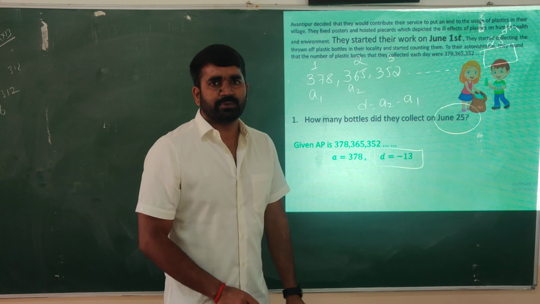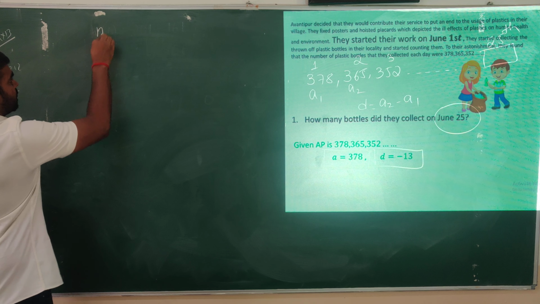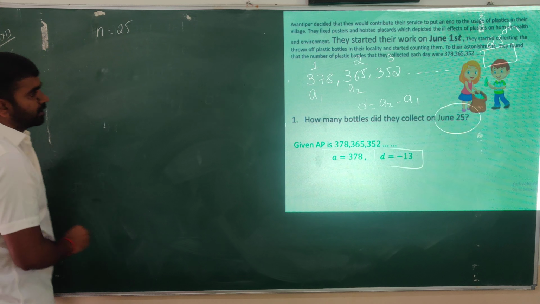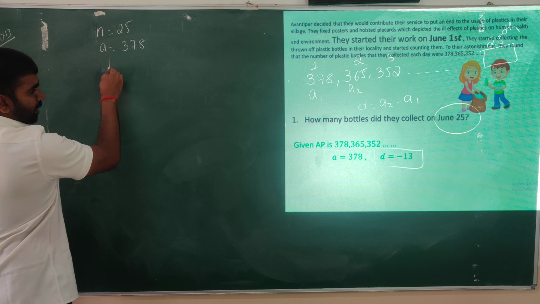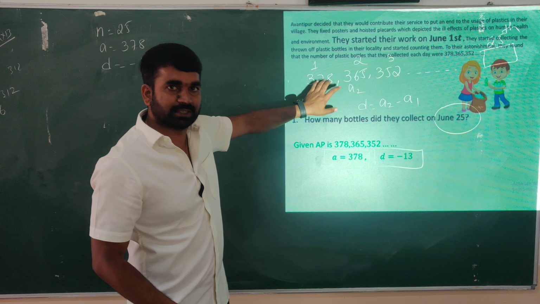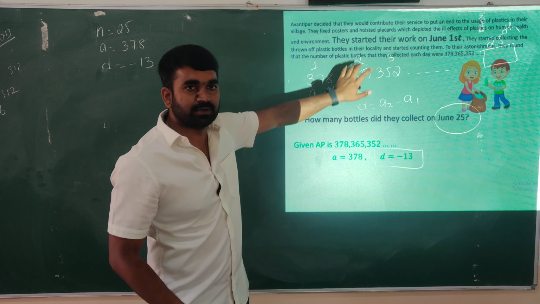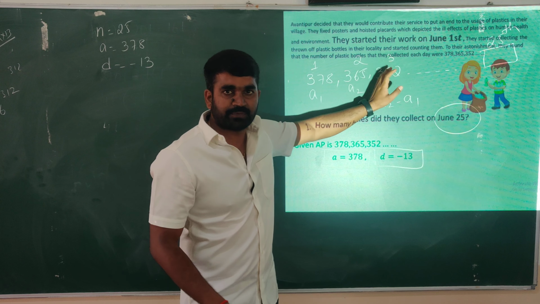This 25 is the value of n. So n is equal to 25, a is equal to 378 and d is equal to minus 13.